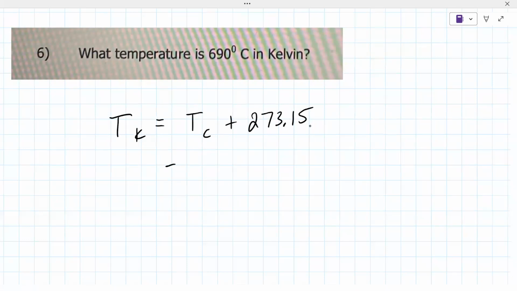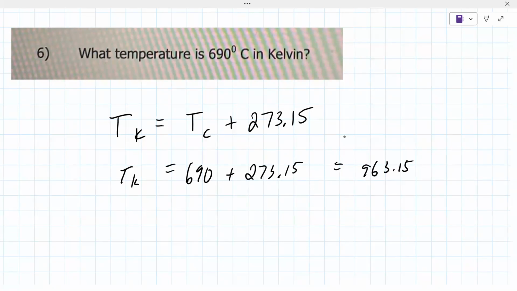So you have 690 here, and you're just adding it. 963. Make sure you put your units in at the end.